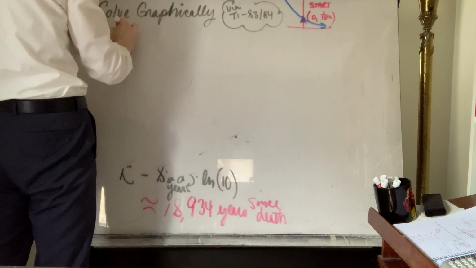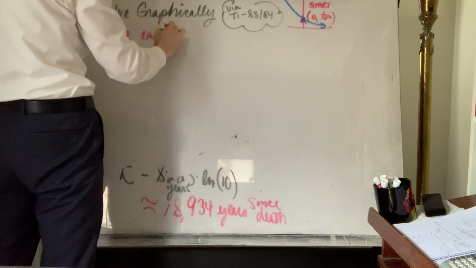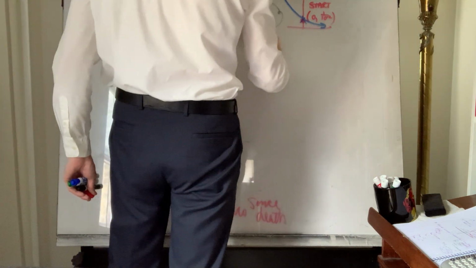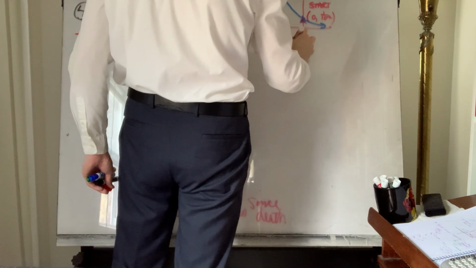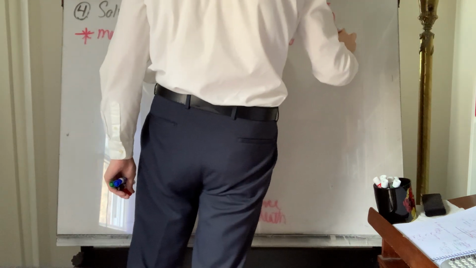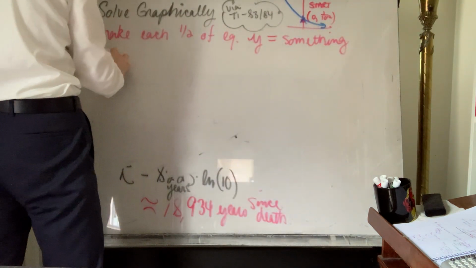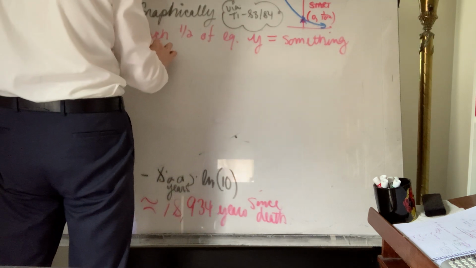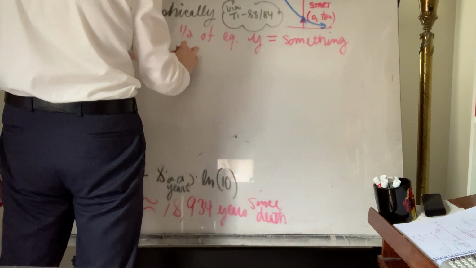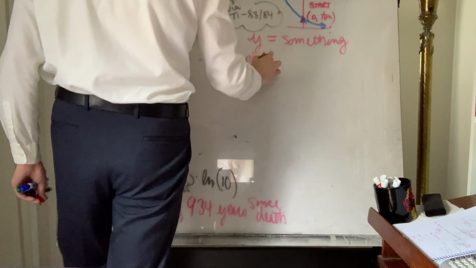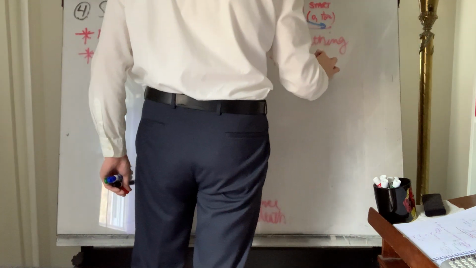Make each half of the equation y equals something, superimpose the graphs, and look for the intersection.